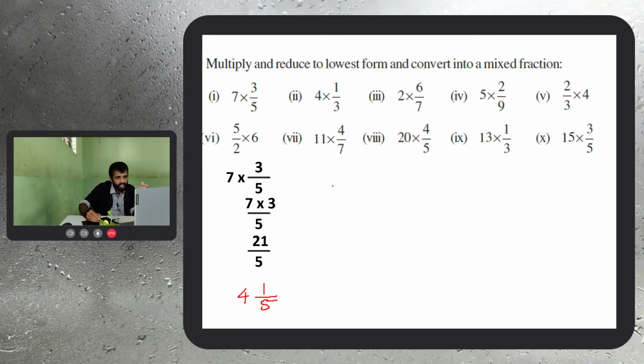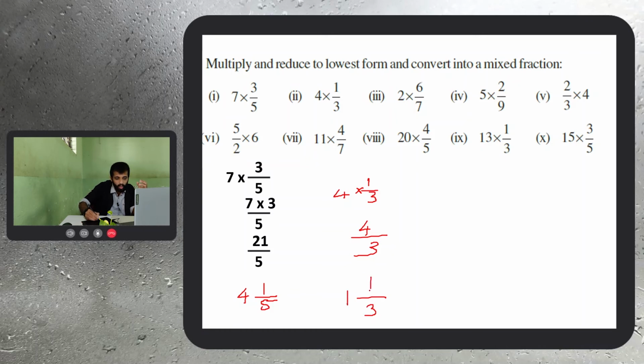So this would become 4 multiplied by 1 upon 3, which will become 4 upon 3. Again, think of the table, 3 in the denominator. Start saying the table of 3. So 3 ones are 3. How far are we from 4? One step. So the denominator remains the same, 1 and one step away.